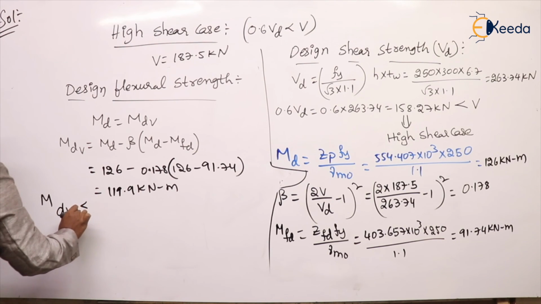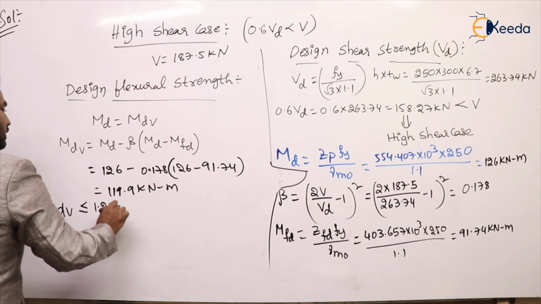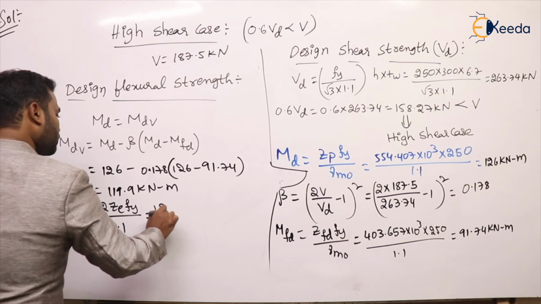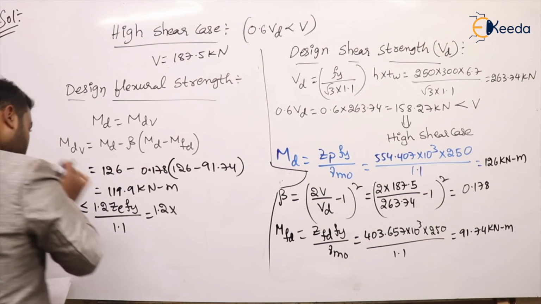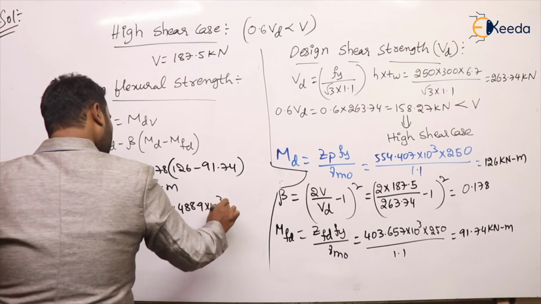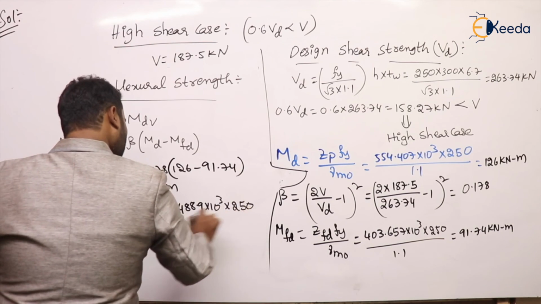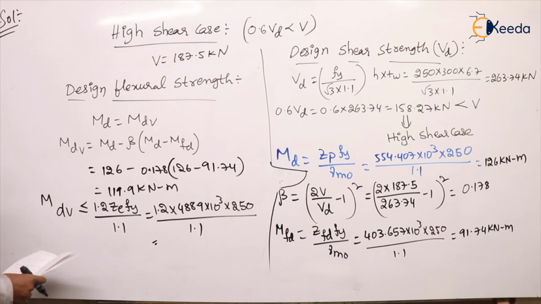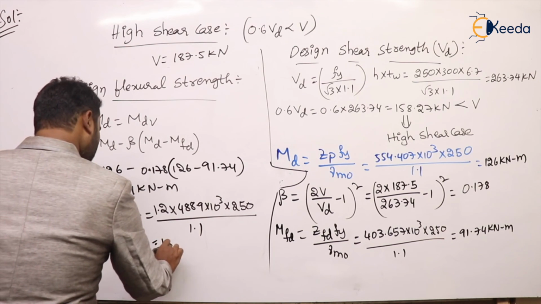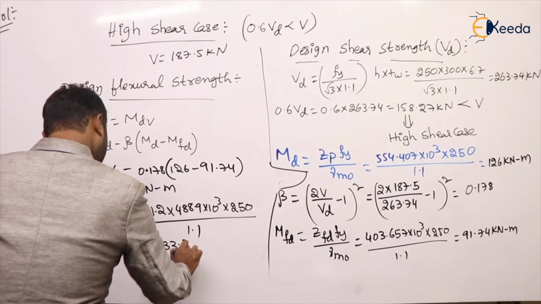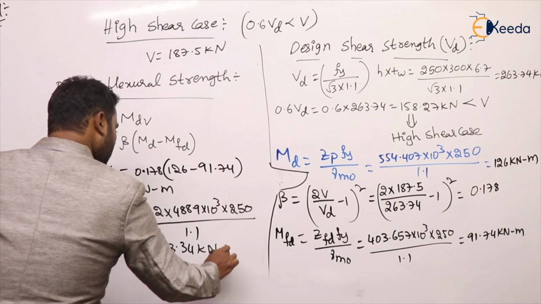That is, this MDV should be less than or equal to 1.2 ZE Fy by 1.1, right? So that is 1.2 into elastic section modulus, which is 488.9 into 10 cube into 250 divided by 1.1. So upon simplifying this calculation, we'll get it as 133.34 kilonewton meter.